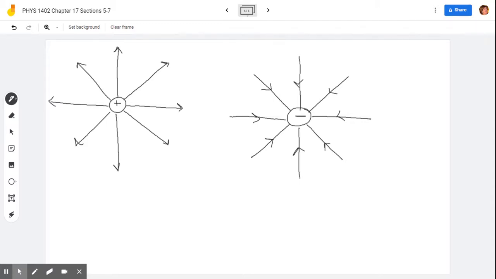And again, keep in mind that realistically, this should be three-dimensional, but of course I don't have a way to draw in 3 dimensions.